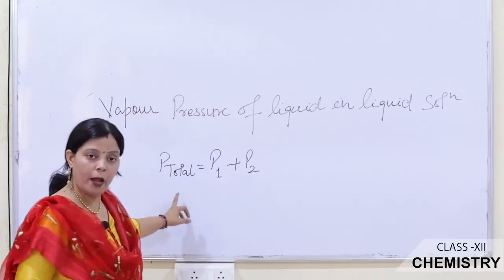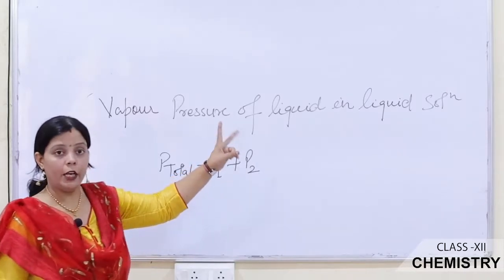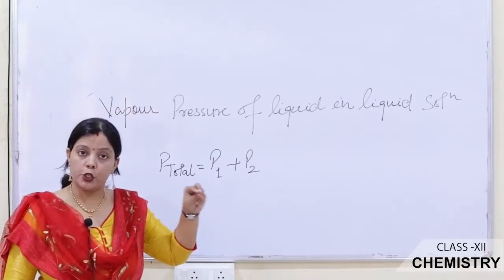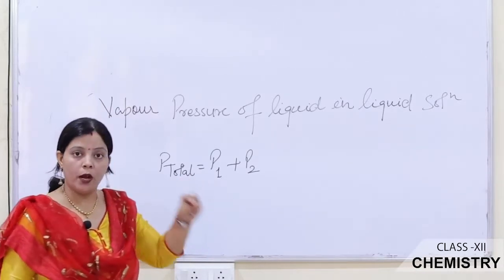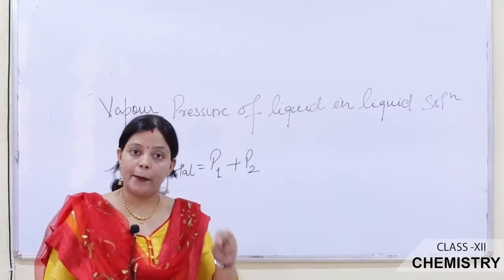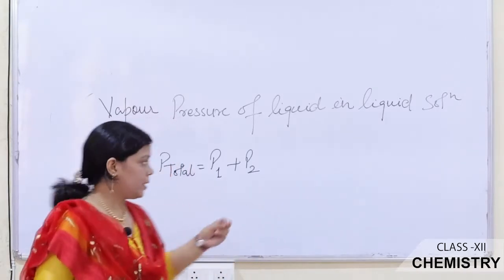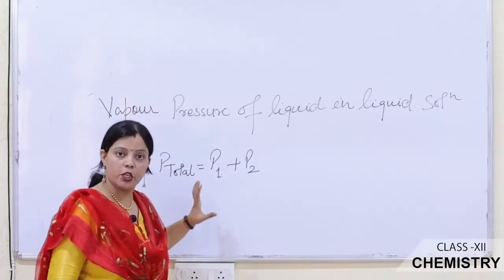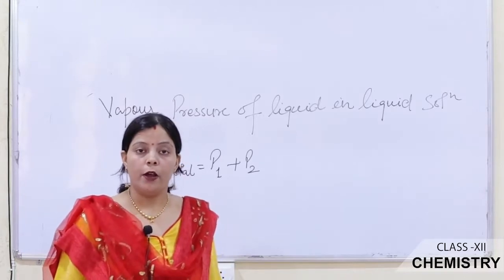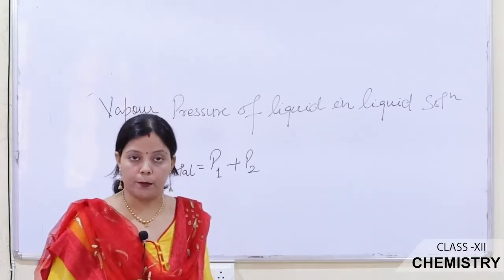It means that in the solution the vapor pressure is due to both component 1 and component 2, because both components have the tendency to escape into the vapor state, and this is in accordance with Dalton's law of partial pressure: the total vapor pressure is the sum of the vapor pressures of the individual components.